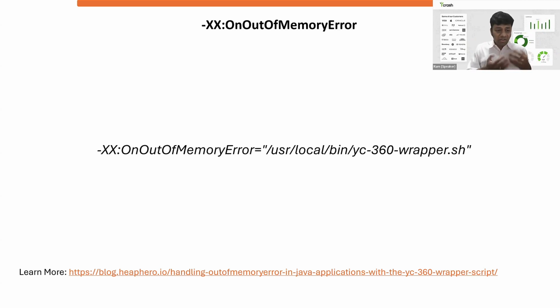Just like when you go to a doctor, they draw blood samples and urine samples from your body, but that needs to be drawn when you are sick, right? So here is a very handy approach. To the JVM, you can pass an argument called -XX:OnOutOfMemoryError. What you're telling the JVM is, when an out of memory error happens, trigger this yCrash 360 script.